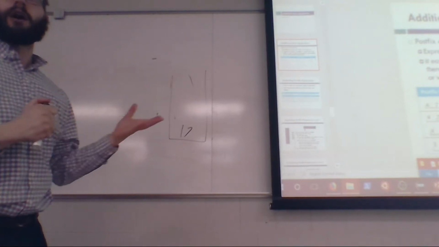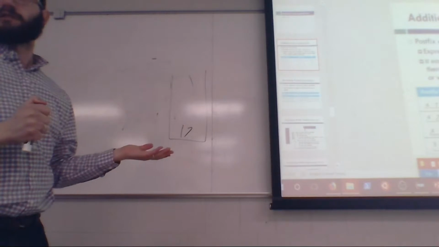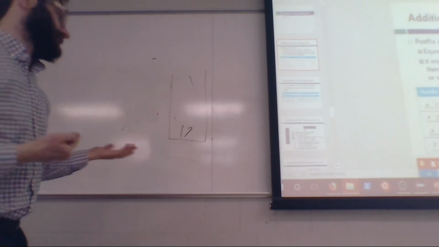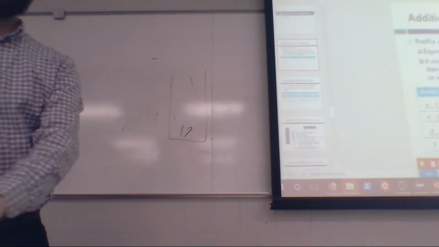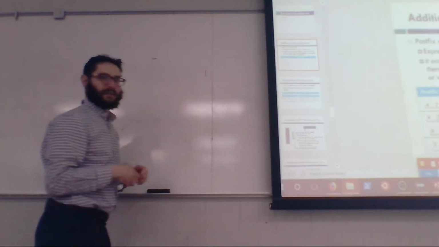So this is what we call postfix notation, also known as reverse Polish notation, because it's the reverse of Polish notation, which is another unambiguous way to do these things.